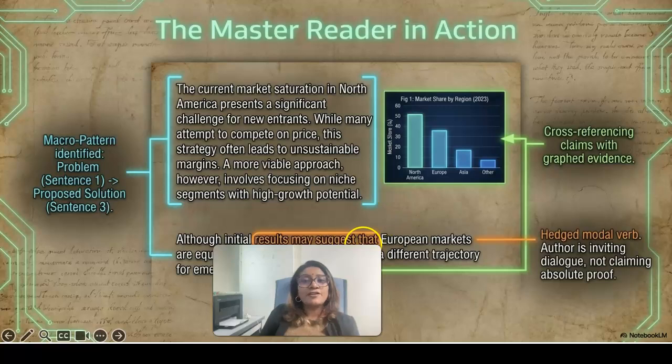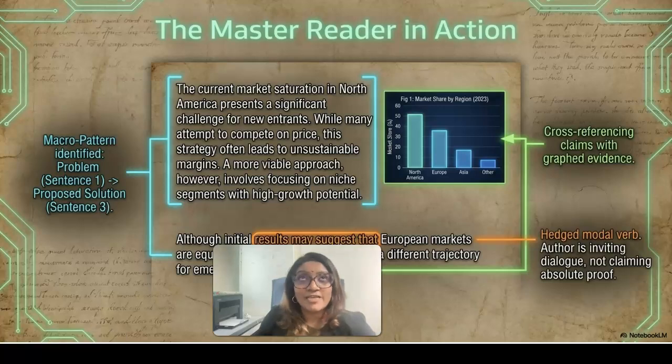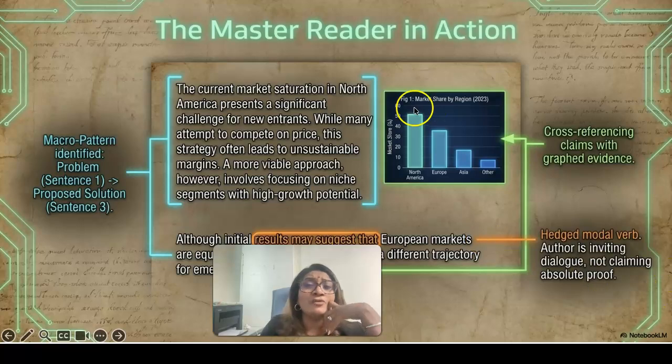Then you realize that there is hedging in the usage of modal words. That's hedging, to talk about the link. There is a proposed solution, and then you relate back to what is presented over here. So these are complementing each other.